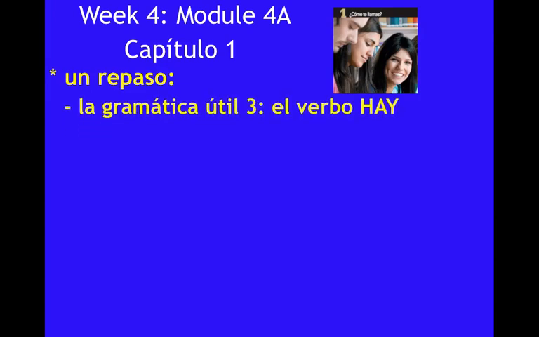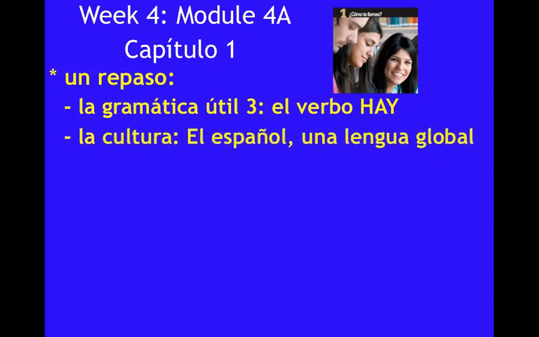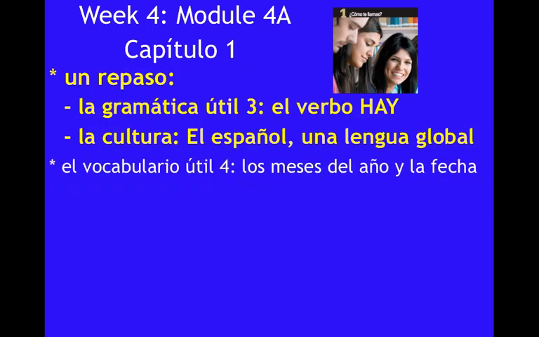Primero un repaso de la gramática útil 3, el verbo hay, there is, there are. Y un repaso de la cultura, el español, una lengua global. La materia nueva, el vocabulario útil 4, los meses del año y la fecha, months of the year and the date, our new vocabulary for this module.